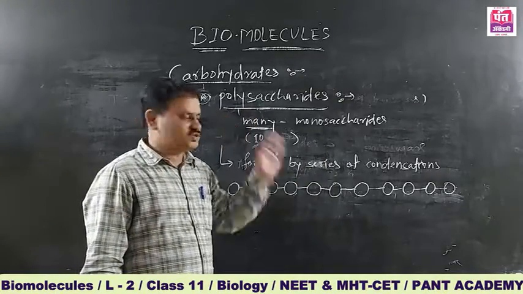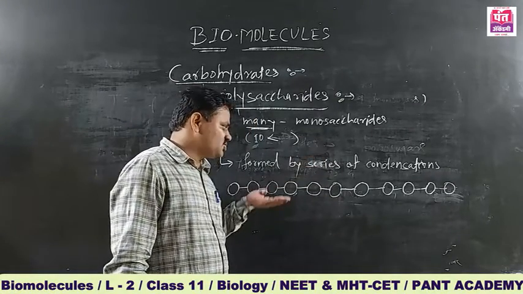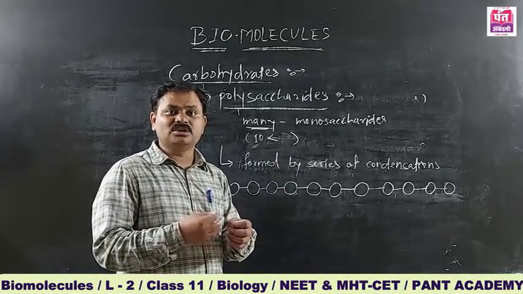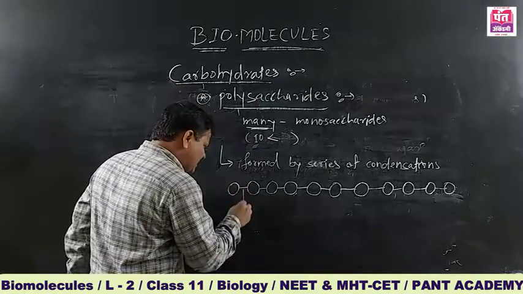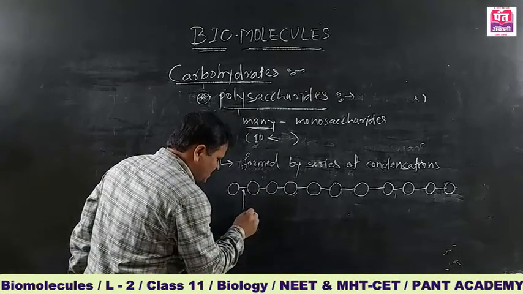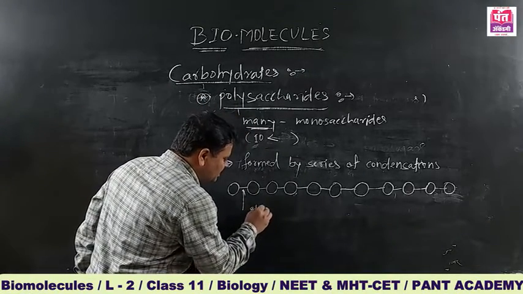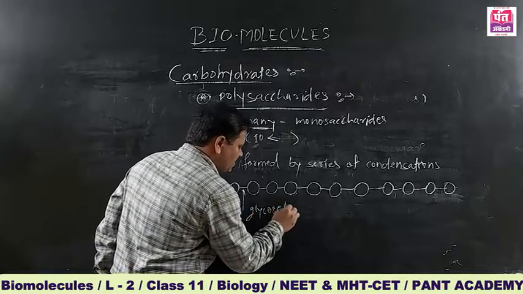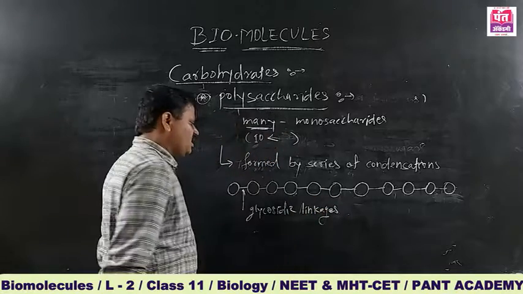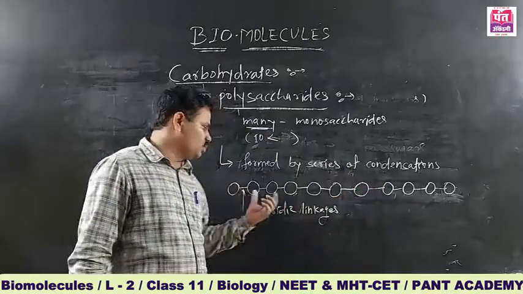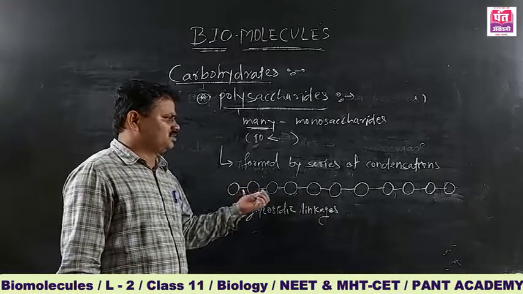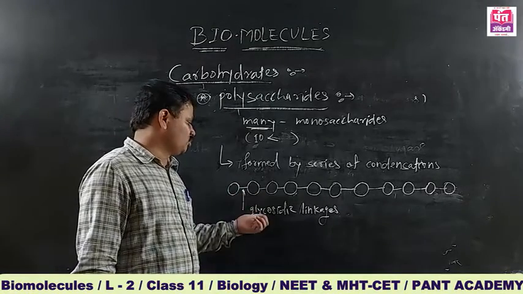Therefore it is called a polysaccharide. So when we look at the different aspects of this polysaccharide, these polysaccharides are formed by condensation. Similarly here also, the bond between the monosaccharides in the polysaccharide is a glycosidic linkage. These glycosidic linkages are formed between two sequential or adjacent molecules of the monosaccharide.